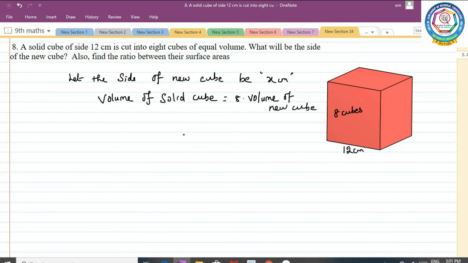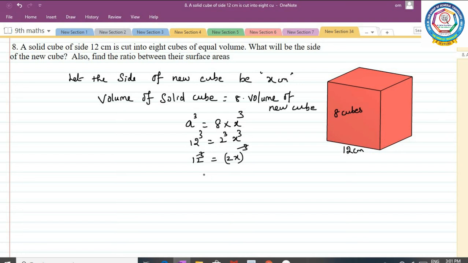So what is the volume of cube formula? We know that a cube equals 8 into volume of new cube. The new cube side I consider x, therefore x cube. So a cube, what is a here? That is 12. So 12 cube equals, that 8 can be written as 2 cube, x cube. Therefore 12 cube equals 2x the whole cube.